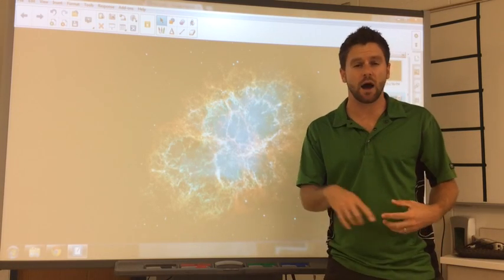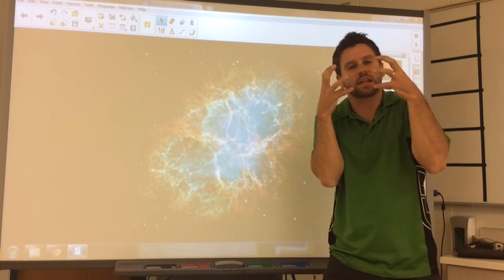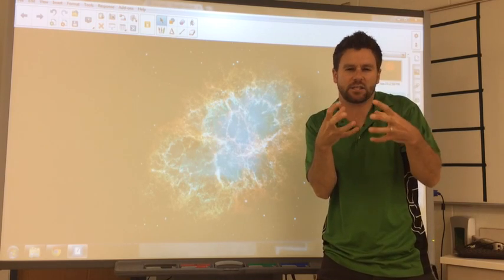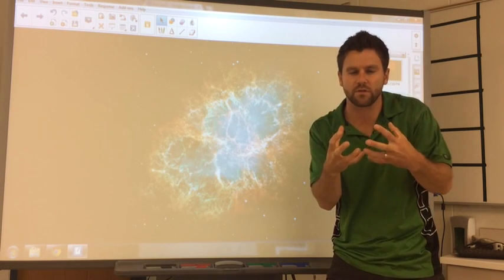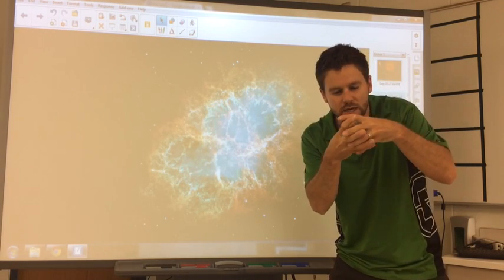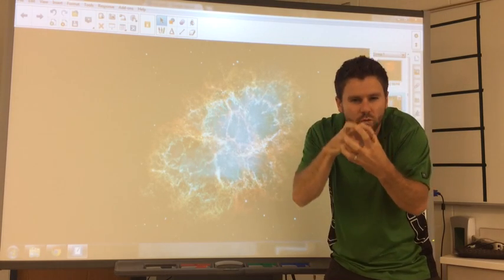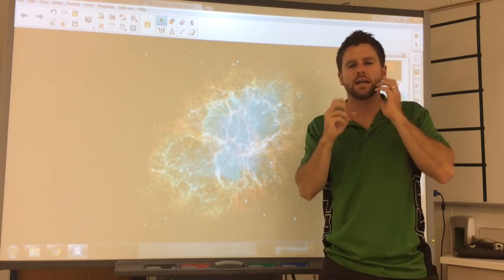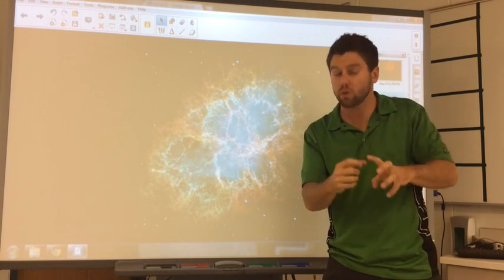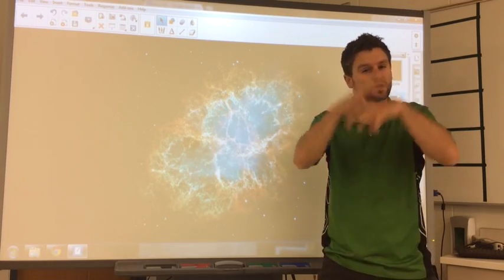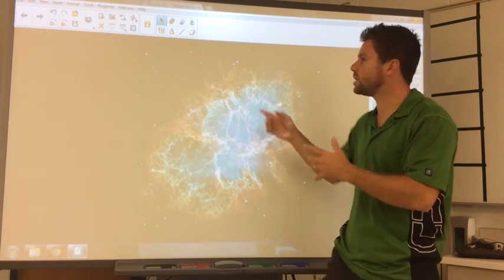Our star started out as this, and this clump of dust and gas over billions and billions of years started to condense and got really small into what's called a protostar. So we started out as a nebula, we moved into a protostar.